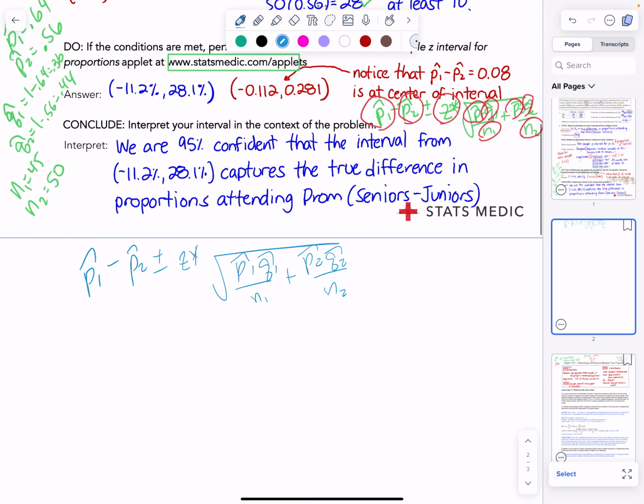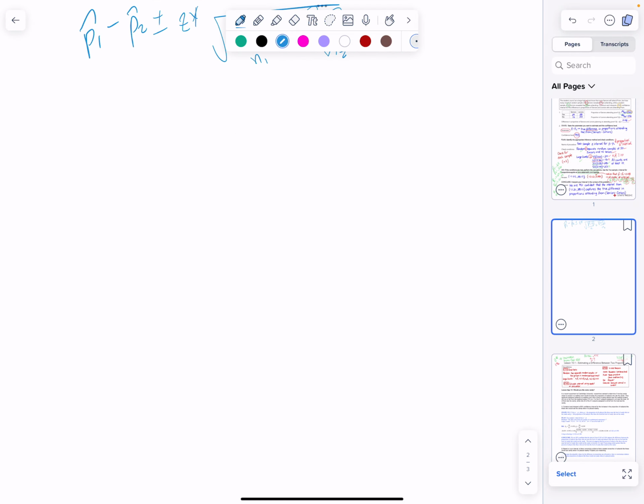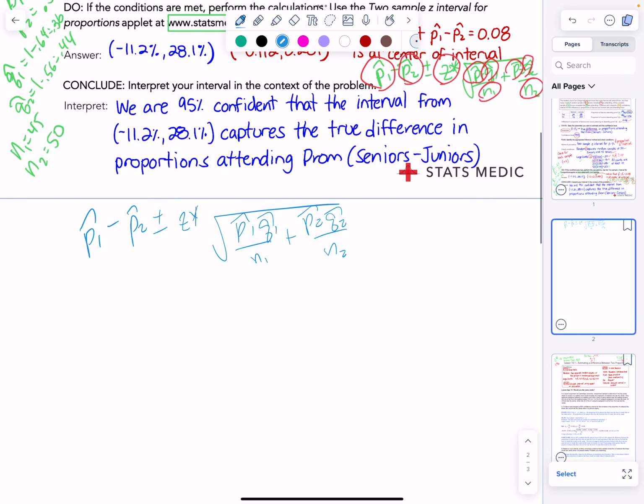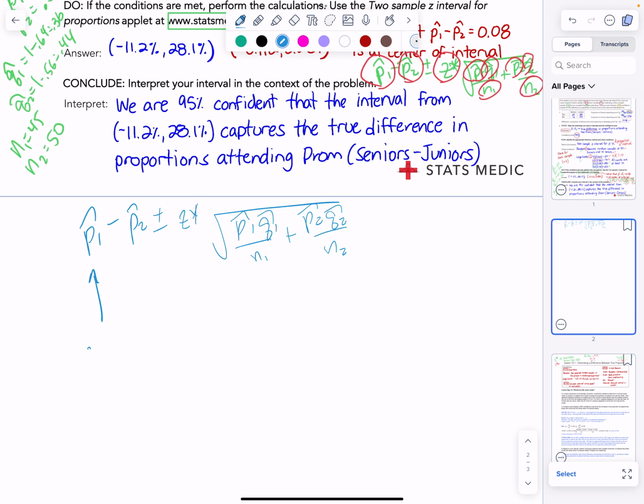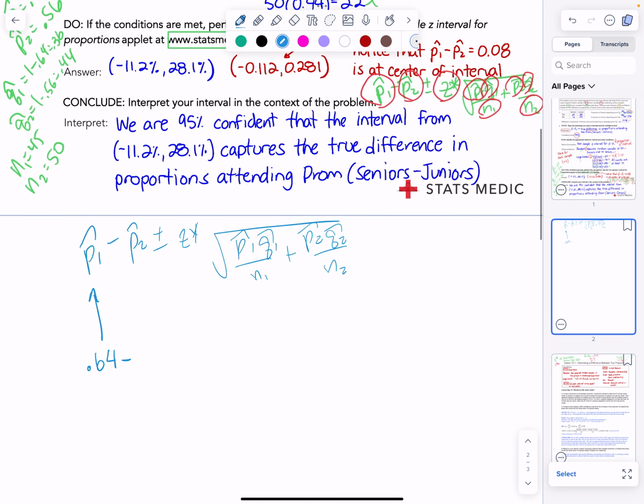P1 hat we already determined is 0.64 minus P2 hat is 0.56 plus or minus 1.96 because we found that with the Z star.